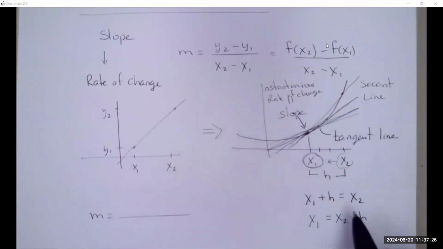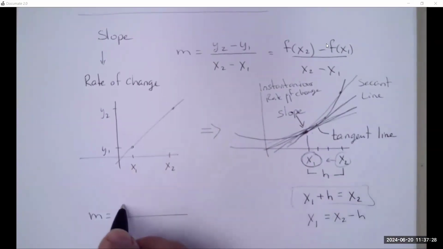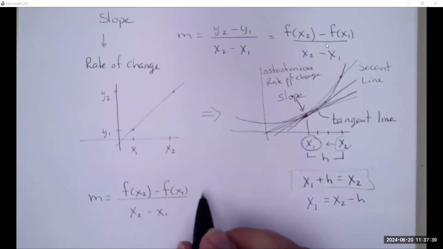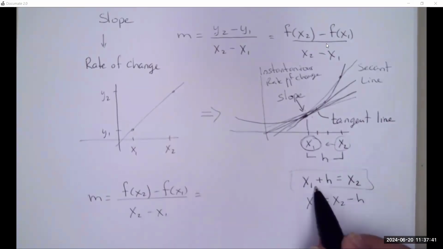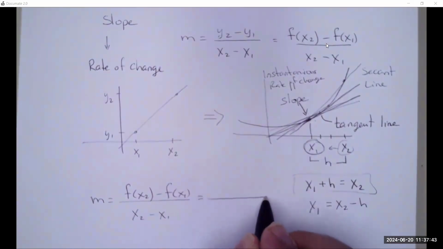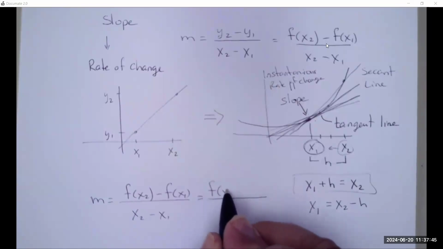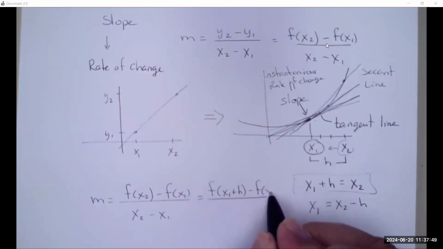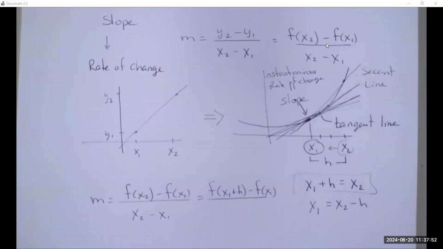So for looking at our equation, which we had earlier in the slope, f of x2 was f of x1 plus h minus f of x1.